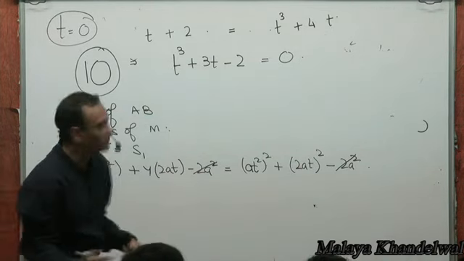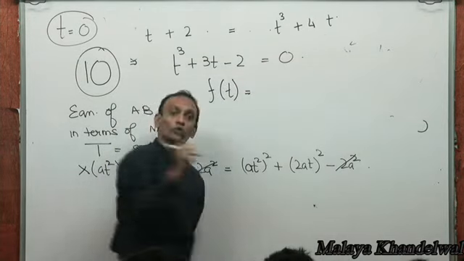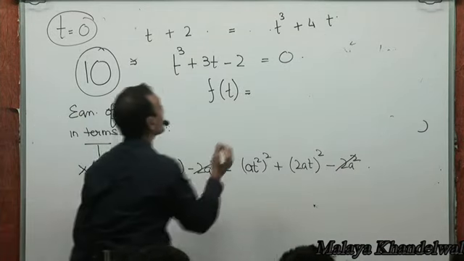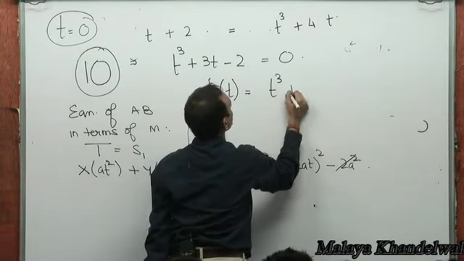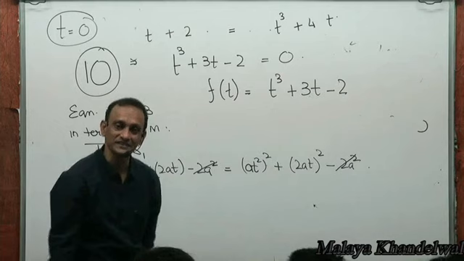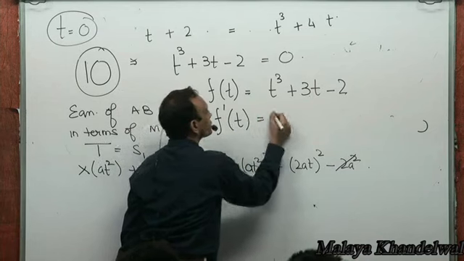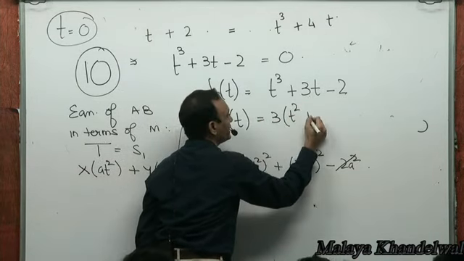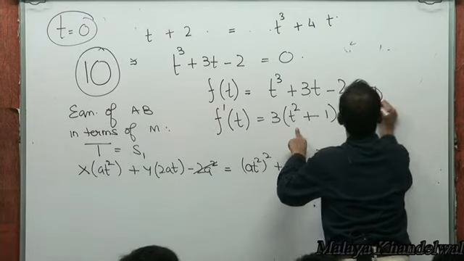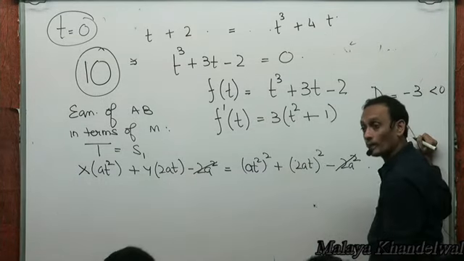Number of real roots of this cubic. Let me call this f(t). One real root it will certainly have. Let me see how many more, right? f(t) is what? t cubed plus 3t minus 2. Let me look at the derivative function, f dash t. f dash t is 3 into (t squared plus 1), which is a quadratic in t. What is the discriminant of this quadratic? 0 minus 4 into 1 into 1, which is less than 0.